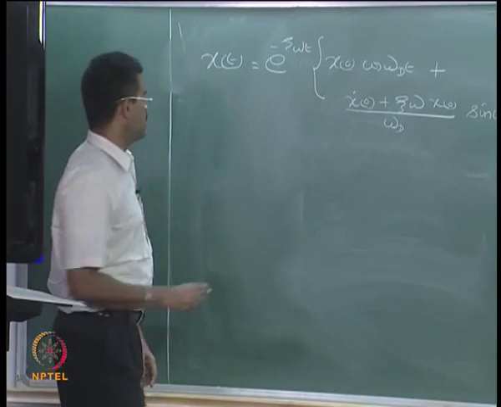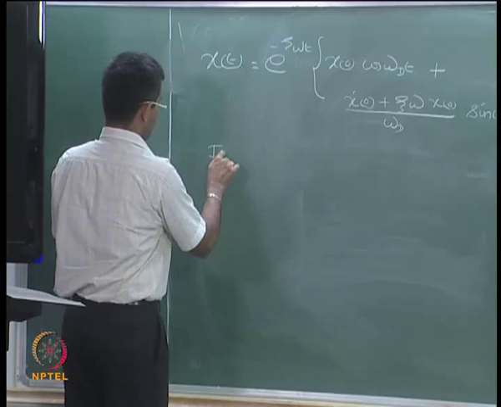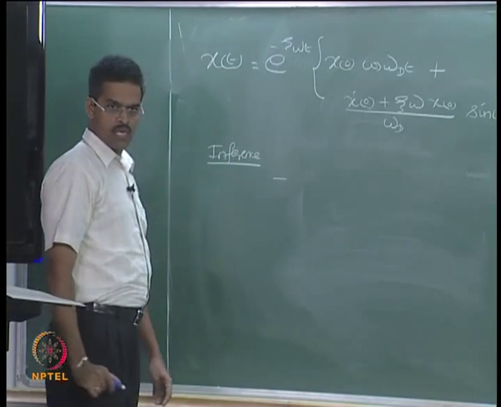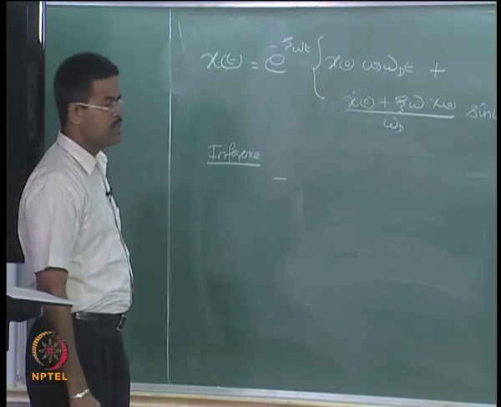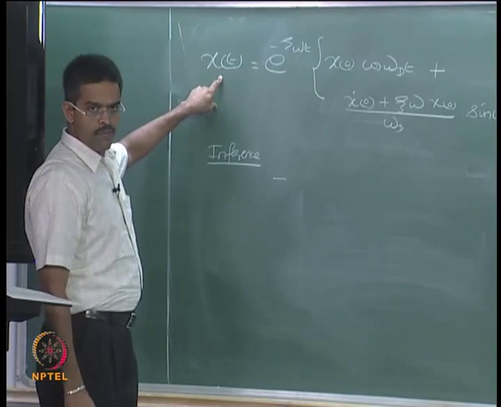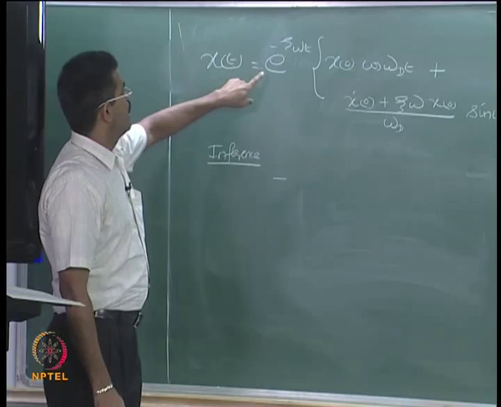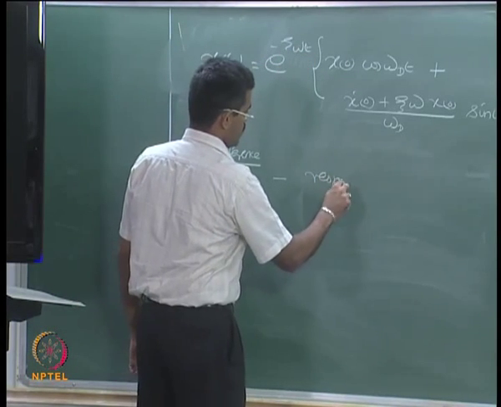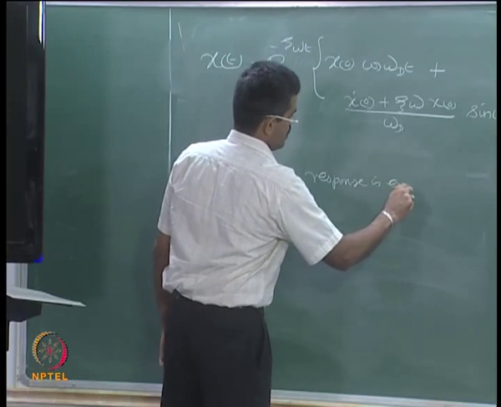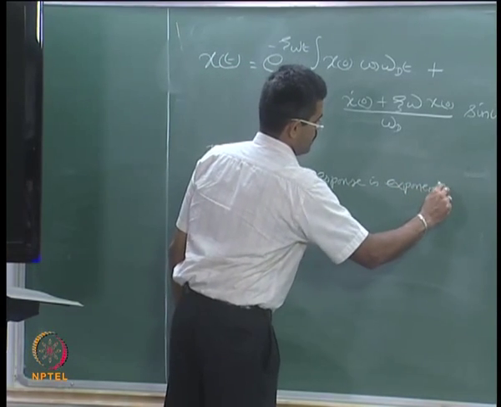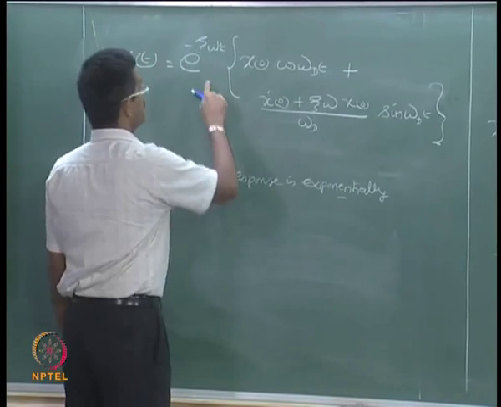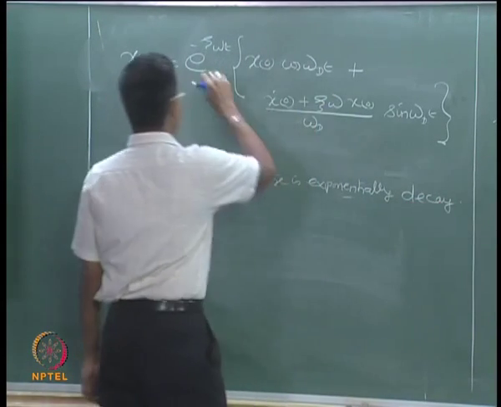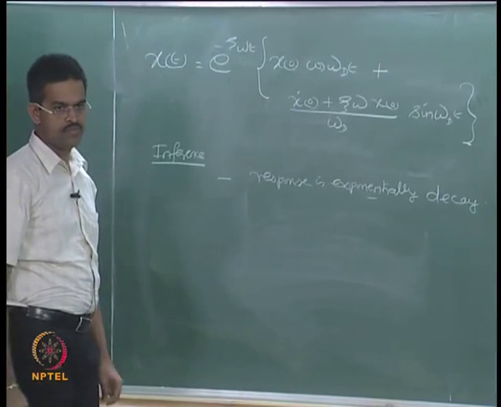So, you can have a general inference from this equation. The first inference I can draw from this equation is that since x of t is e to the power of minus, I can say the response is exponentially decaying, because it is e power minus.